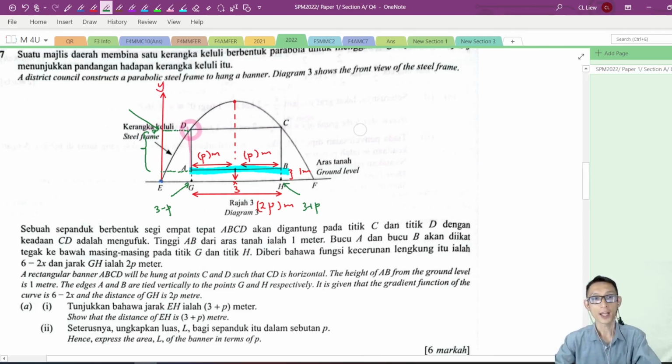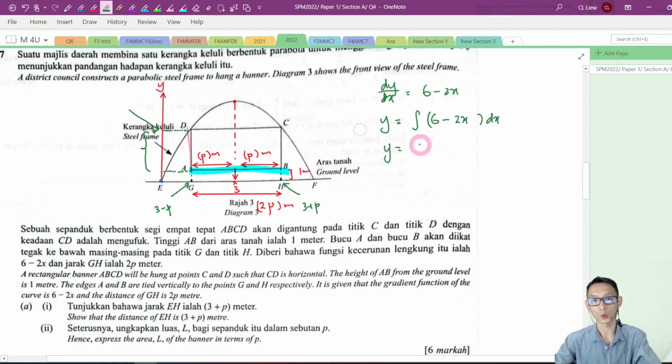To get the y coordinate here, first I need the original function. Given by the question, dy by dx is equal to 6 minus 2x. So how do we get back the original function? We need to integrate this. So y is equal to, I'm going to integrate 6 minus 2x with respect to x.